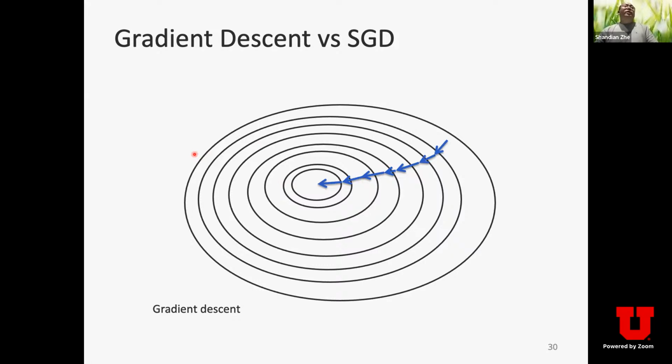But what about the stochastic gradient? Although on expectation the stochastic gradient is the exact gradient, that means the stochastic gradient itself is a random variable, right? You take expectation of this random variable, you recover the exact gradient. However, because each time you just take a random direction, it doesn't necessarily align with the gradient direction.